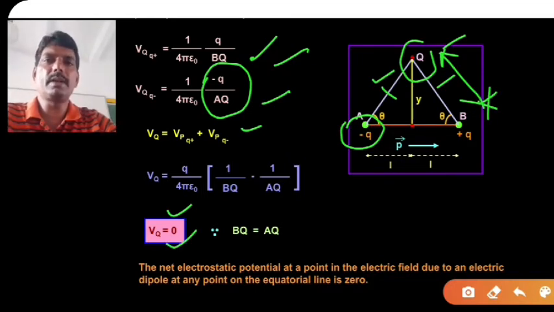Now you see, dear friends, it is very interesting to note that in the case of electric field, if you want the electric field strength at an equatorial point, then you got the relation for that. That means at an equatorial point the electric field strength was not equal to 0, but here the potential is 0.